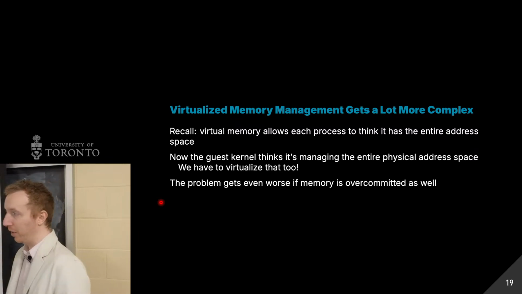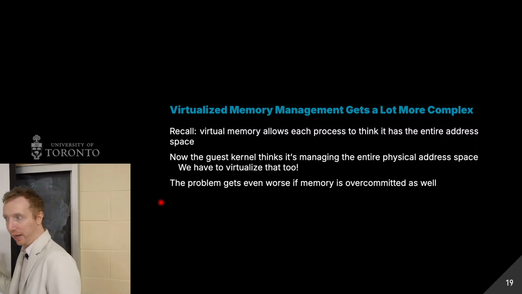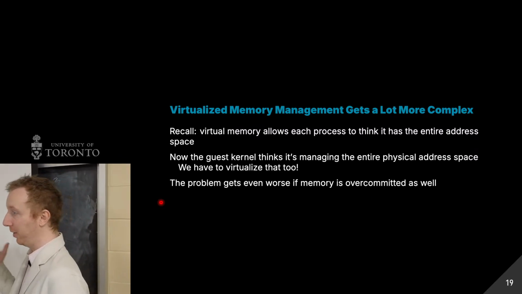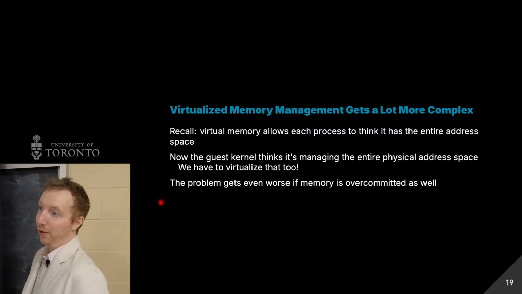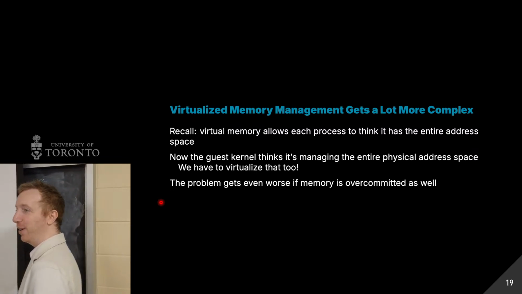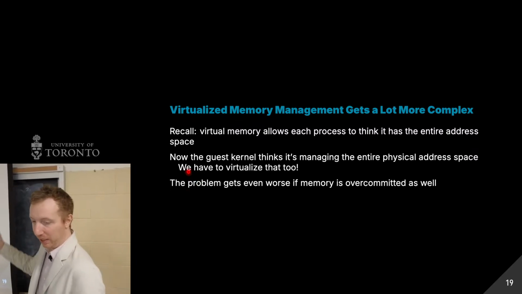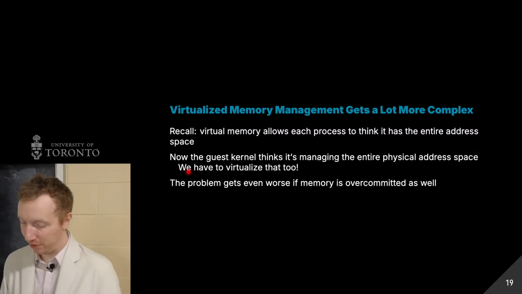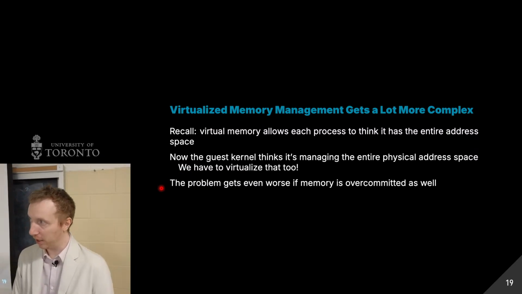Because if you are the hypervisor, you are the only one with access to physical memory, and what your operating system sees is actually virtual memory, because it's not accessing the real one. So what your process sees is actually virtual memory. Isn't that fun? So the guests, again, we have to virtualize that too. So it makes virtual memory management a lot more complicated.